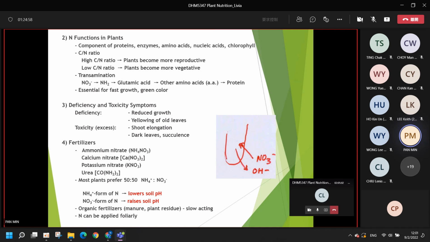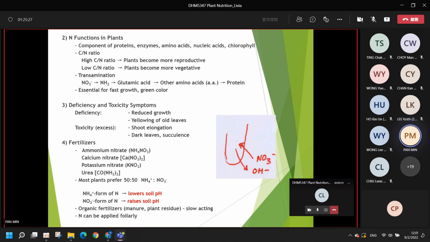And if you choose the organic fertilizer such as the manure, green manure, the livestock manure, all these process will have a slow acting release of nitrogen to the soil.